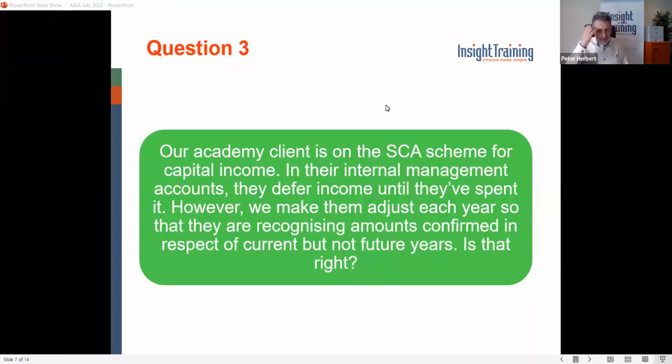In this situation, the firm is quite right to say to the client, they have to bring in amounts confirmed in respect to current years into the SOFA, even though they've not been received. But where you've had amounts confirmed in respect to future years, they would need to be brought in as well. And from the point of view of the trust here, that might well fly in the face of what they think is logical, but that's absolutely what the charity SORP would have you do.